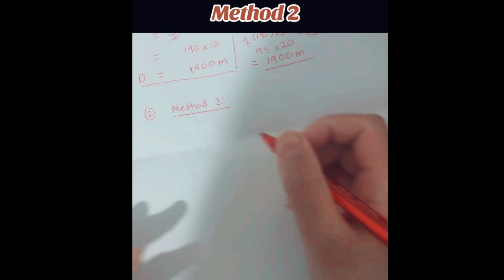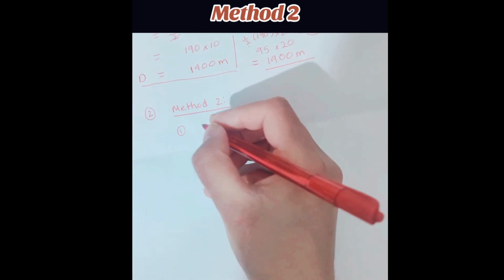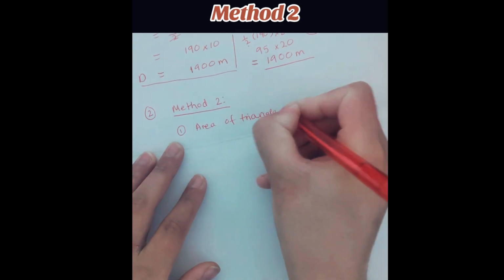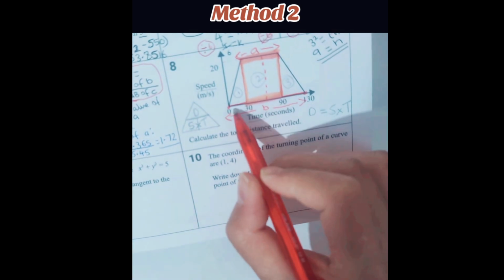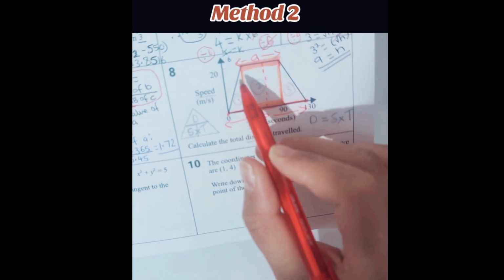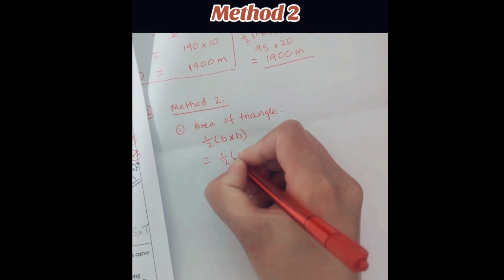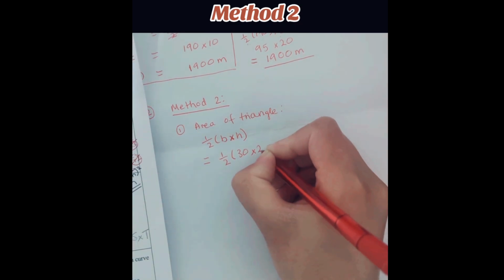So if I go ahead and choose shape 1, okay, which if I look at the area of a triangle, is going to be equal to half base times perpendicular height. The base is 30, perpendicular height is going to be 20 again. So half times 30 times 20.